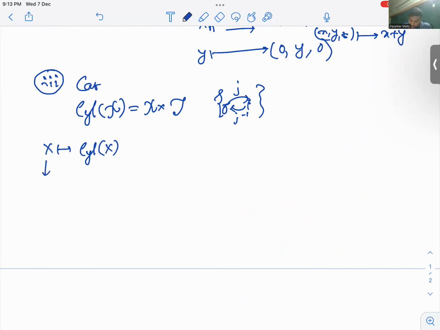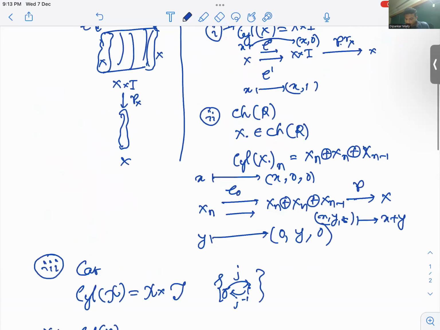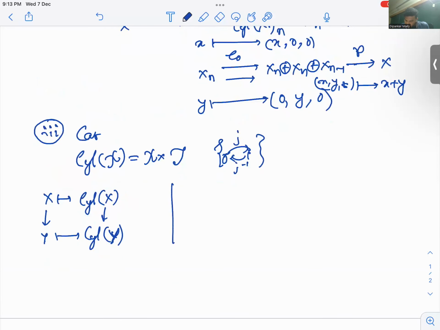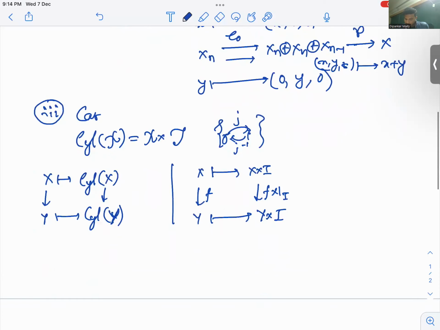That is, if there is a map from X to Y, then we are also giving a map from the cylinder on X to the cylinder on Y. For example, in the case of topological spaces, the corresponding cylinder was X cross I, and if f is a map from X to Y, then the corresponding map on cylinders was given by f cross the identity on I. So this is functorial, and this is the case for all of the other examples.